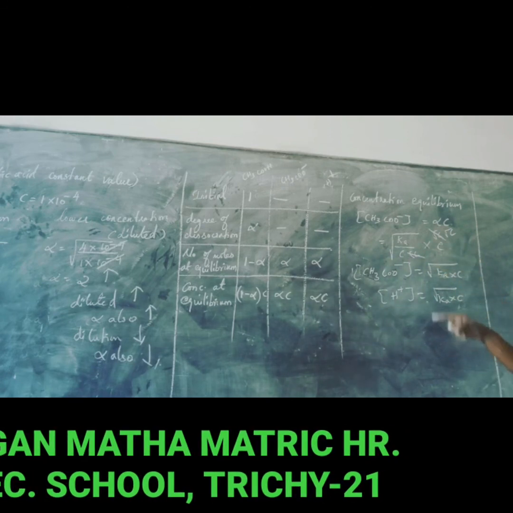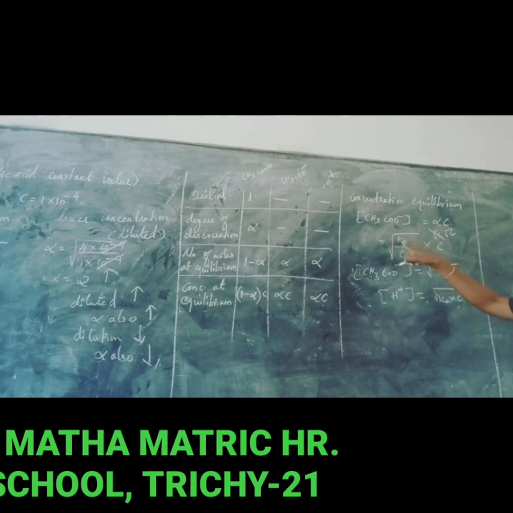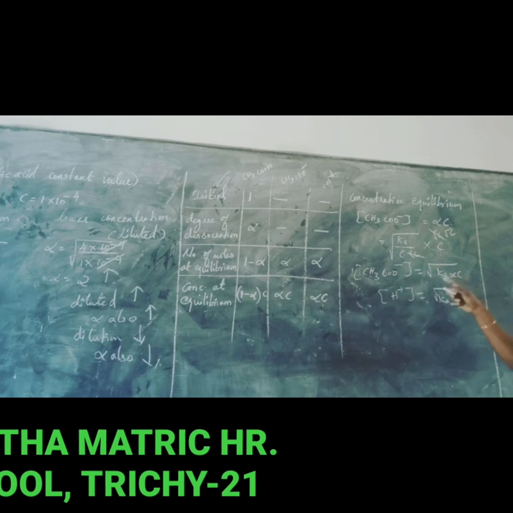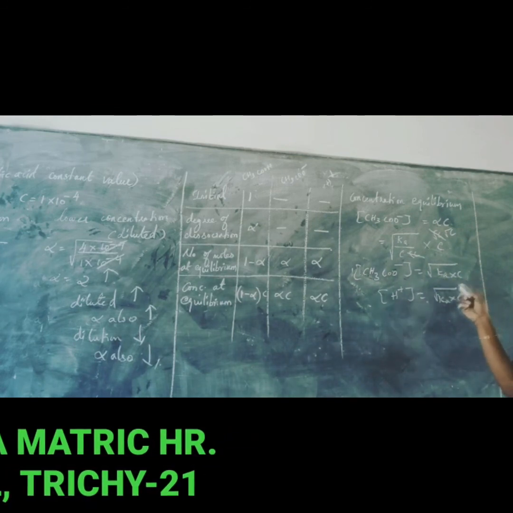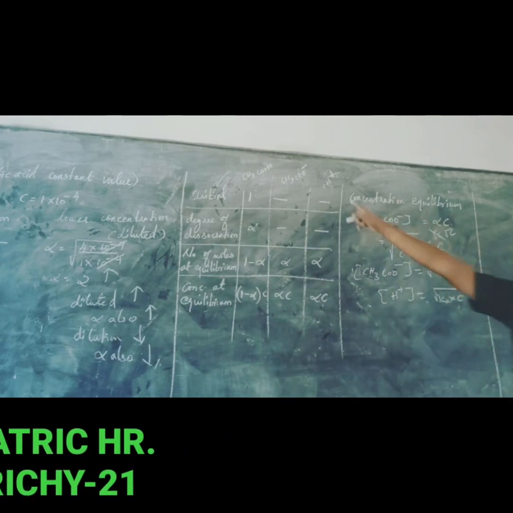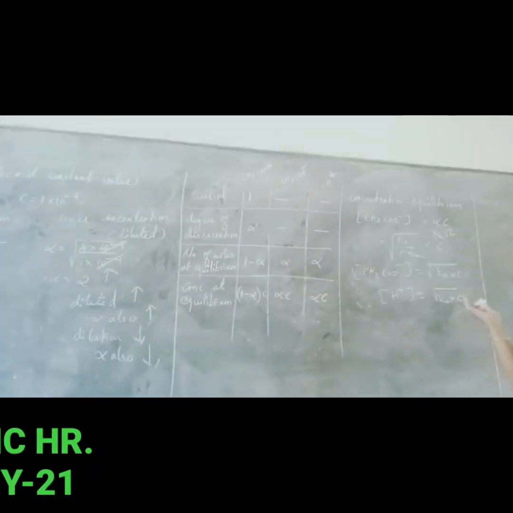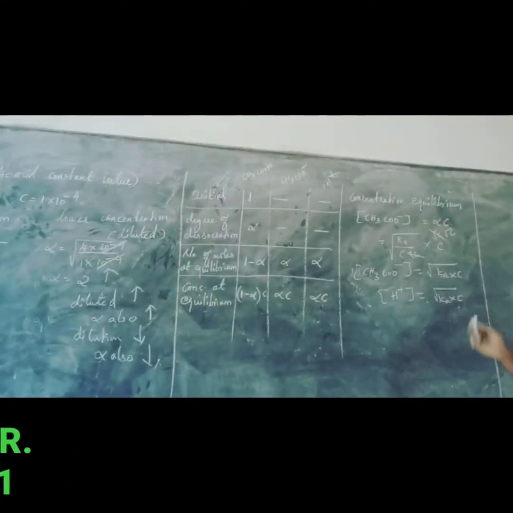What is remaining? Square root of Ka into square root of C, so that is square root of Ka into C. H plus also is equal to alpha C, so the same answer, square root of Ka into C.